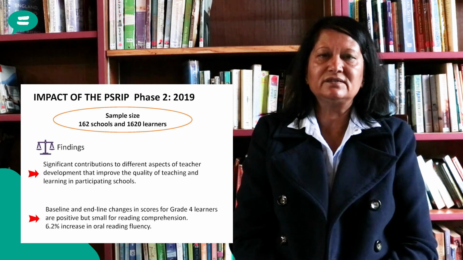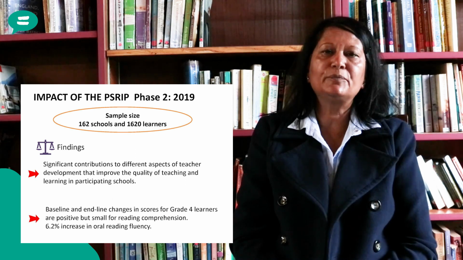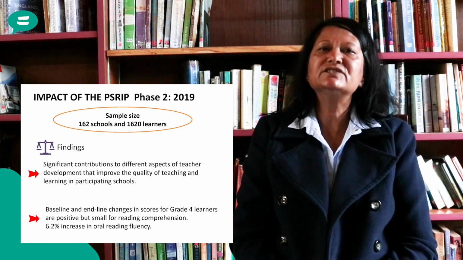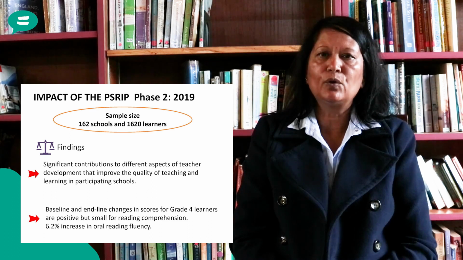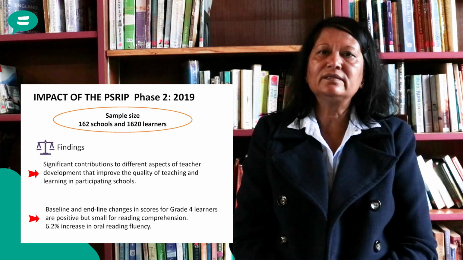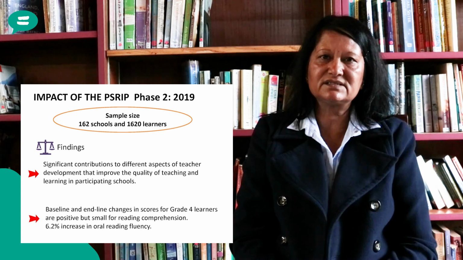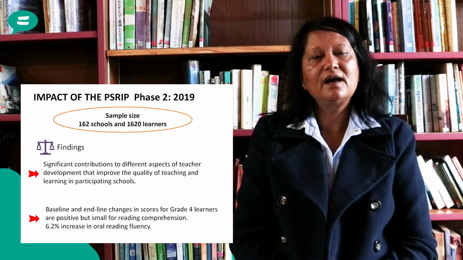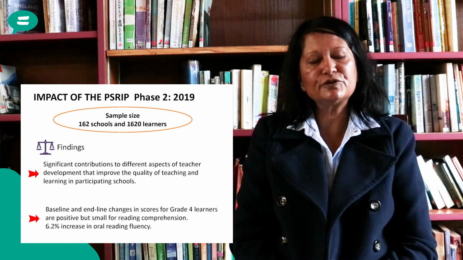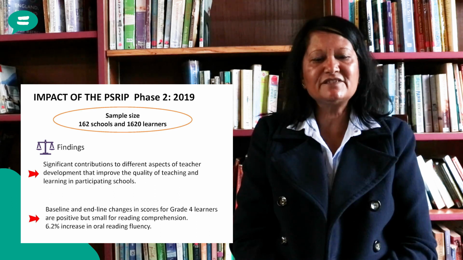In conclusion, an evaluation was done of the PSRIP in grade 4. 162 schools was the sample, and 1,620 learners were part of the study. The findings demonstrate that there were significant contributions to the professional development for teacher, in terms of their teaching and learning.